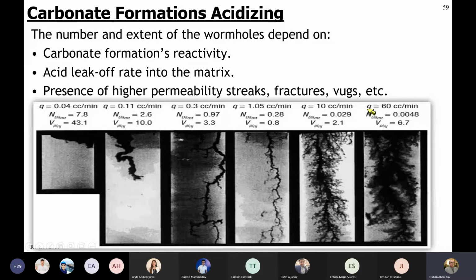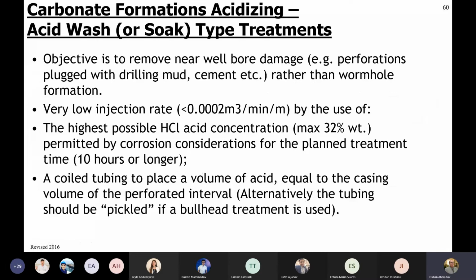Another type of carbonate formation acidizing is acid wash, and its objective is to remove near-wellbore damage, perforations, and cement, rather than wormhole formation.